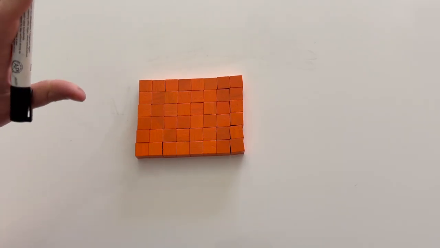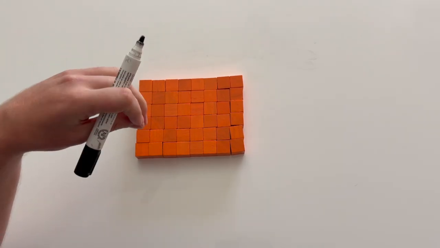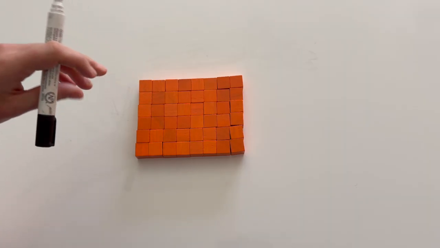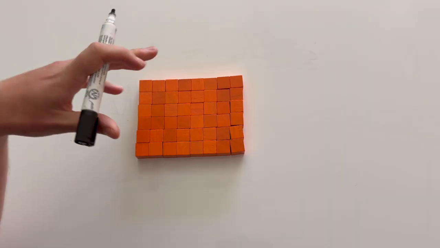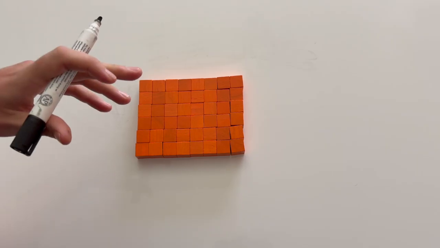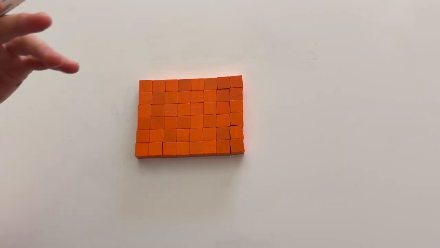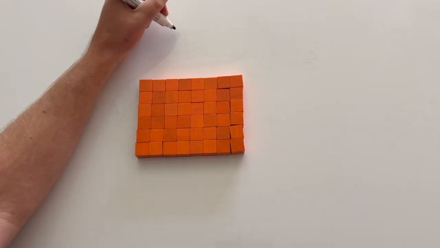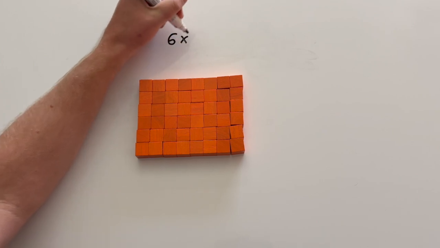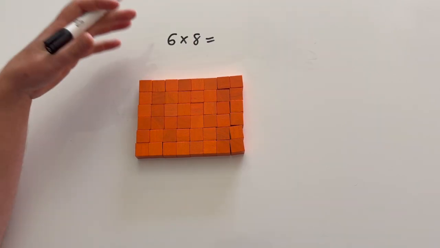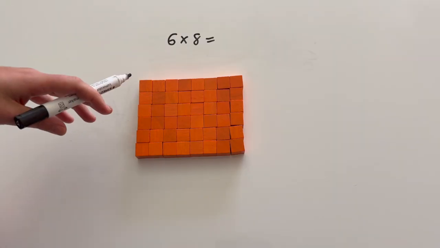Now, you also don't even need to necessarily jump straight to 2-digit multiplication to introduce the box method. You can even start on some smaller, single-digit sums, and particularly the ones that students get stuck on. For example, here I've got 6 times 8. I could choose to solve this in multiple different ways.